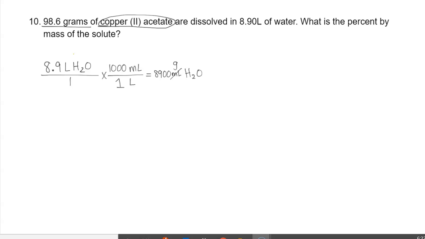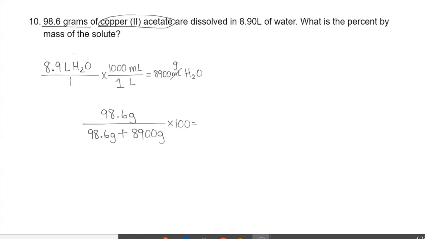So our mass of our solute goes on top, 98.6 grams. And then we'll divide by our mass of both our solute, so 98.6 grams, plus our mass of our water, which we just calculated to be 8,900 grams. We'll of course multiply by 100 to get our answer into a percentage form.